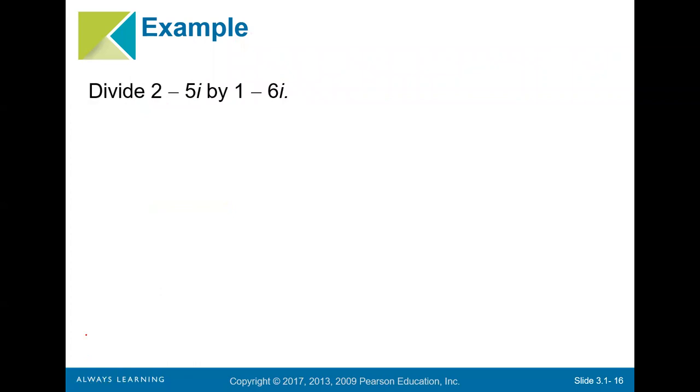Now let's talk about dividing. So we read it this: 2 minus 5i divided by 1 minus 6i. Whenever we talk about fractions, we cannot have multiple things in the denominator. We cannot have 0 in the denominator. We cannot have i.